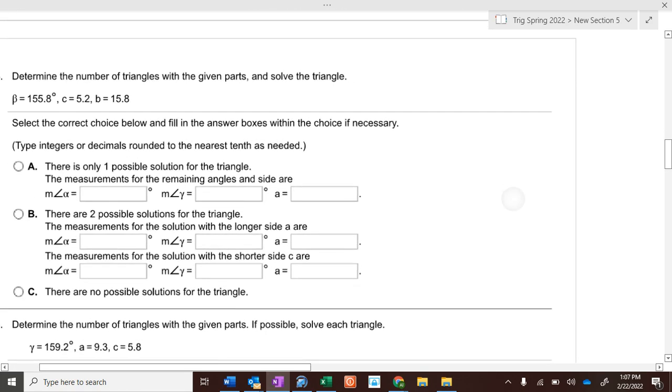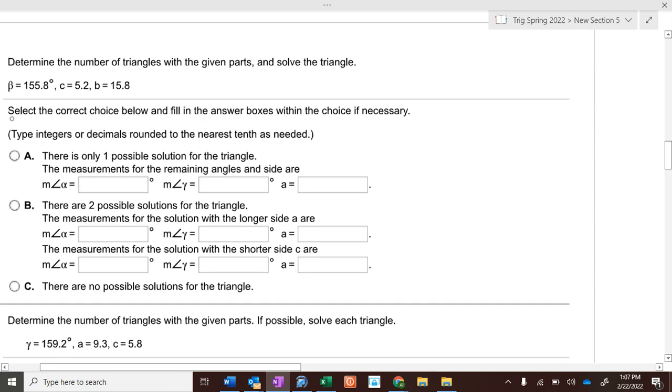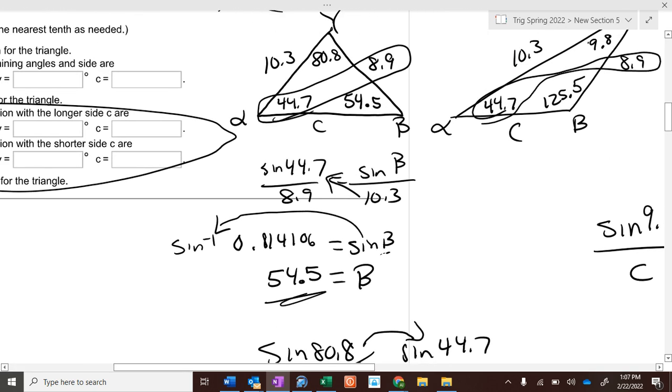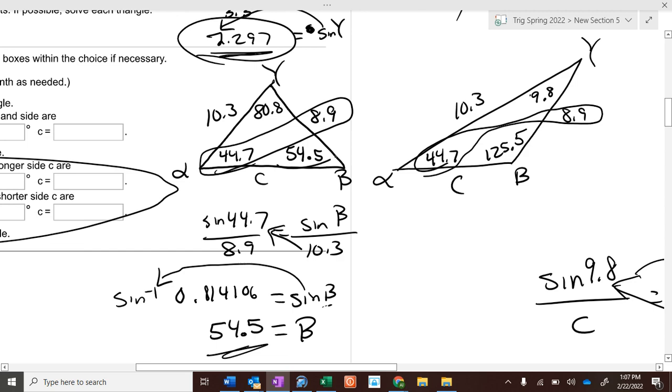Okay. Now, right at the start, you see angle B is how big? 155.8. How many obtuse angles can there be in a triangle? One. So how many total triangles could this be? One. Because if you have side-side-angle, you had an acute one first, and then you had an obtuse one.